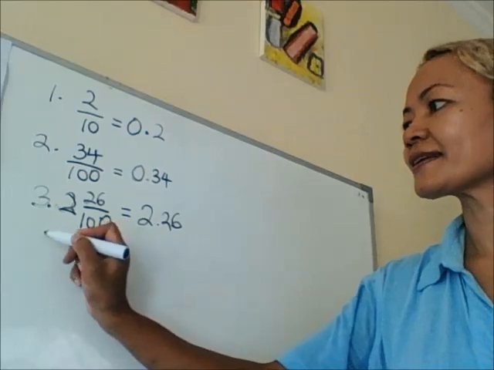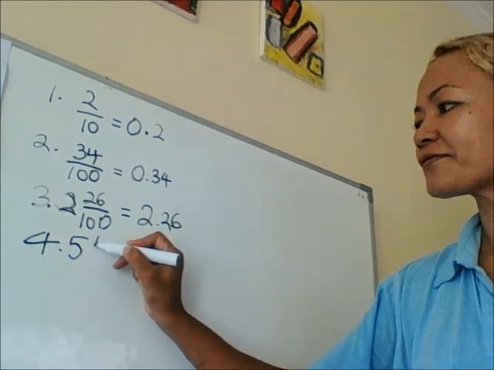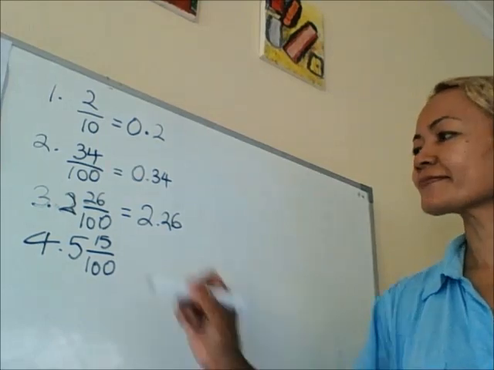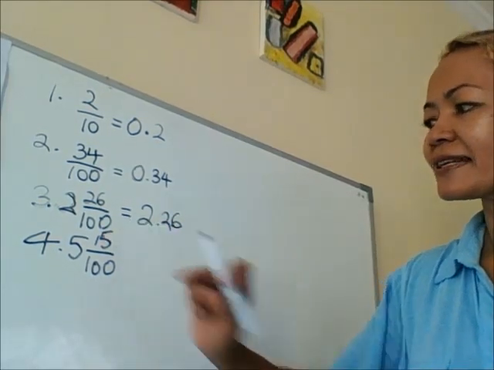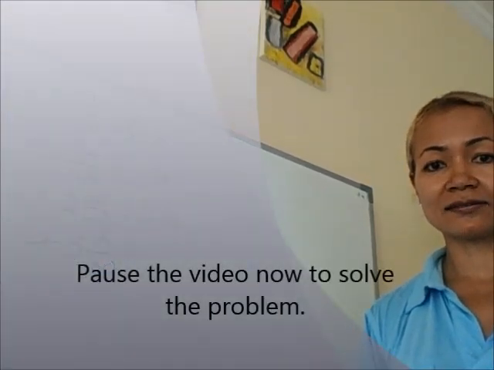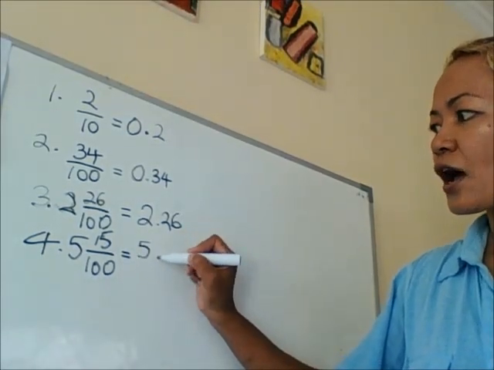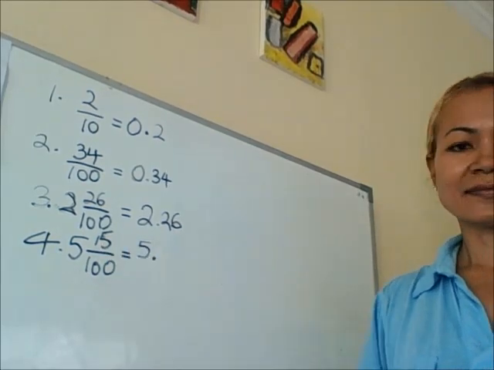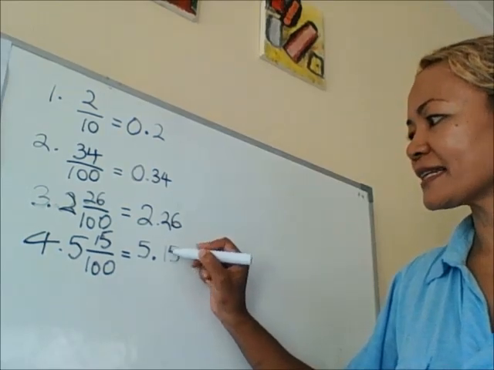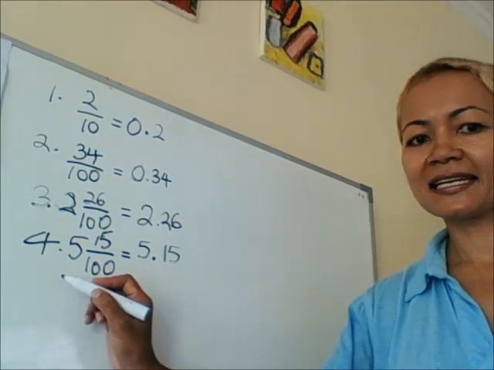Fourth one. 5 and 15 over 100. Sorry, in case you can't see the 5 clearly, right? Which is equal to, I'll give you some time to solve it now. Right, hope you've done it. 5.15. 2 digits goes cleanly into the tenths and hundredths column. Second last one.